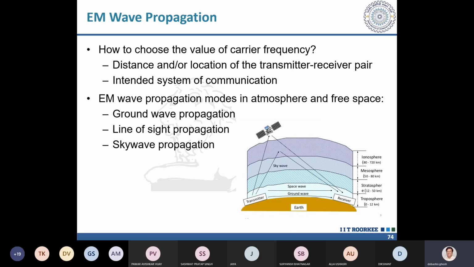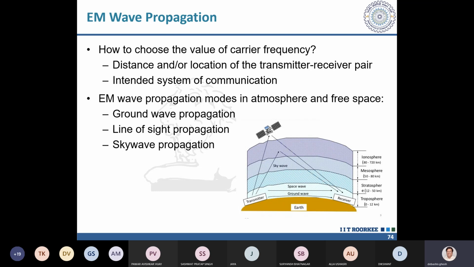It will depend on the distance and location of the transmitter receiver pair, how far they are separated, whether they are on the other side of the earth or not. We also have to see which communication system is available for us to use. Depending on the availability of the communication system and the location of the transmitter receiver pair, we have to decide the carrier frequency.